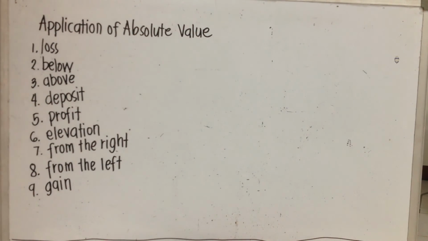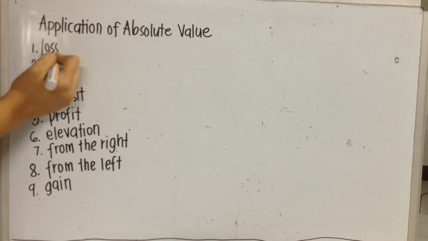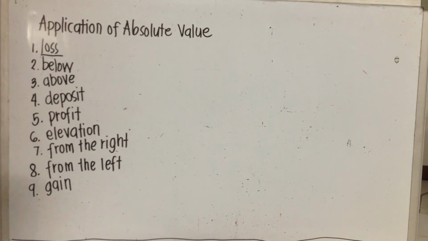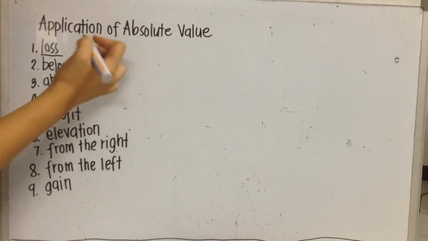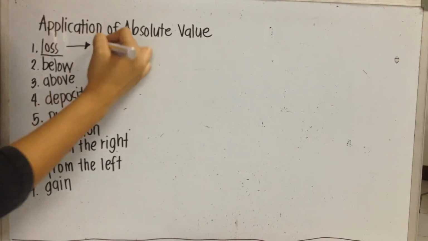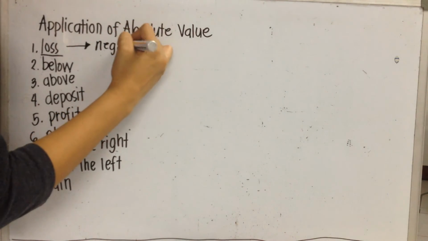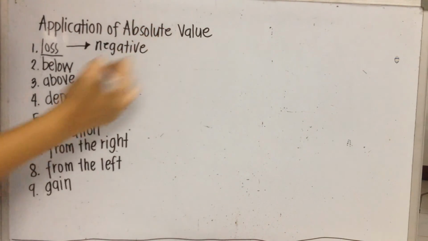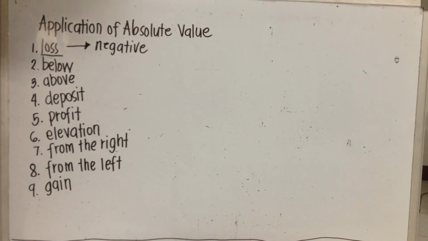So, in application of absolute value, we will deal with practical situations that are happening in our surroundings. For example, the word loss. Kapag narinig natin ang loss, is that positive or a negative word? So, it is negative. In general terms.